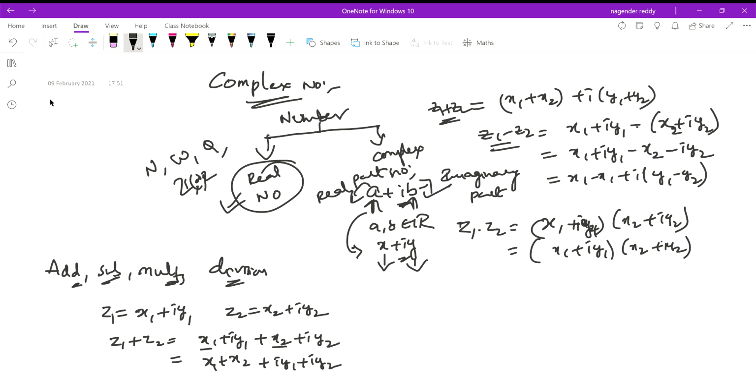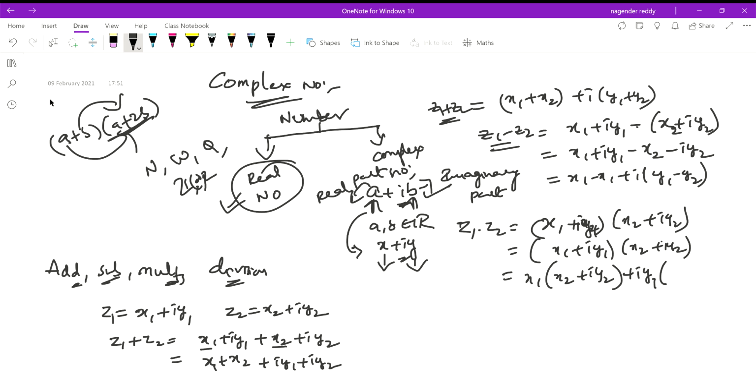Before multiplying this, we should concentrate. In the previous classes, we learned how to multiply a plus b into a plus 2b, like that. We have to multiply the entire first bracket with each term, the same process we have to follow here. That is x1 into x2 plus iy2, and multiply iy1 with x2 plus iy2.